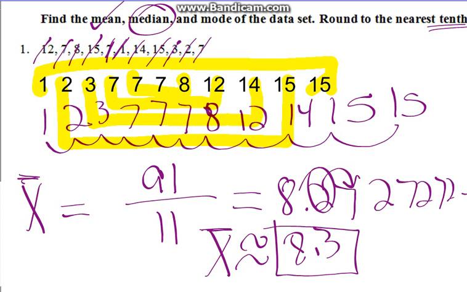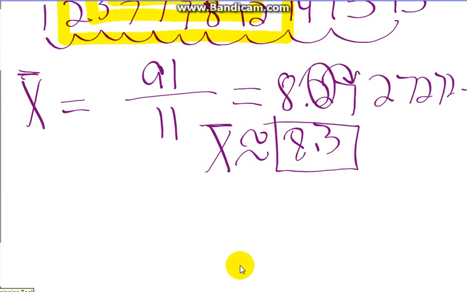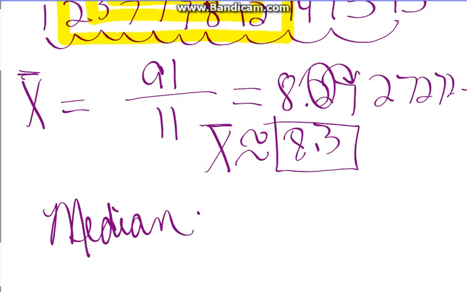And then the last thing we have here is 7 in the middle. Because we had just one item in the middle, that becomes our median. And so our median equals 7.